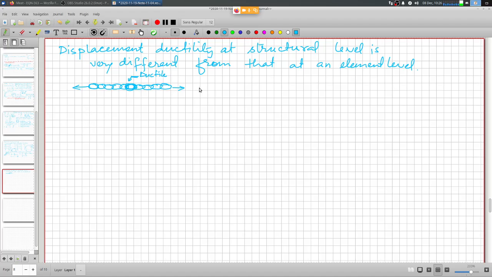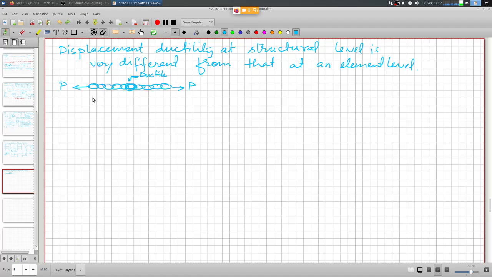So this chain, obviously, can take only tension. It is being pulled by a constant force. It's a uniaxial system.